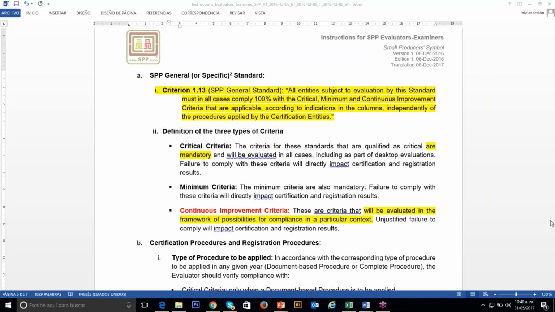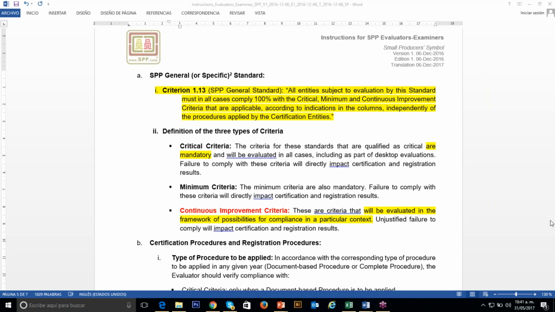One of them is to pay the SPP minimum prices or higher, but at least the minimum SPP price. And they must have a commitment to increase their SPP purchases.